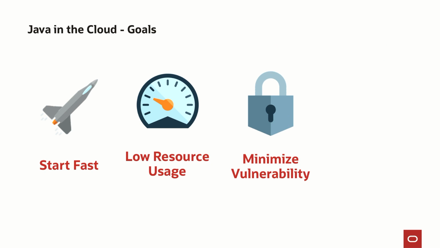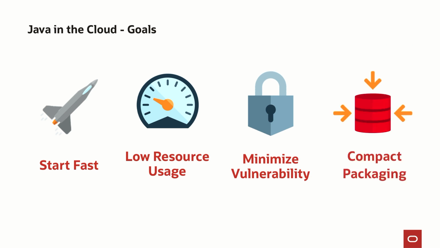Security is also very relevant in the cloud, and ahead-of-time compilation has certain advantages, which I will explain later. And finally, you want a compact packaging of your application, such that the application can be easily moved between servers or easily deployed without the need to, for example, deploy an extra runtime or have very large files that are necessary for deployment.